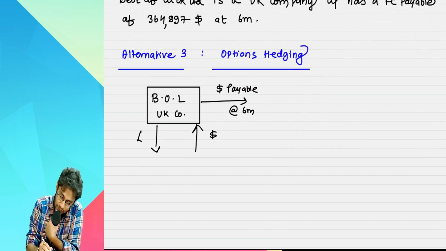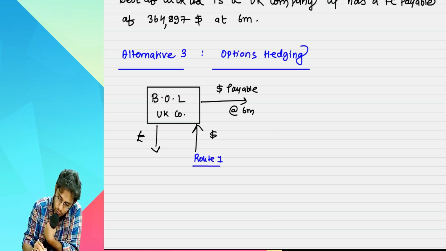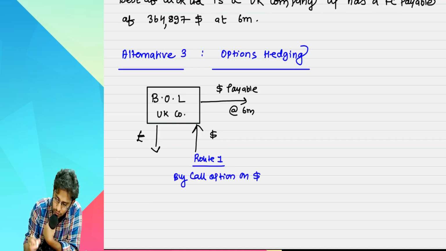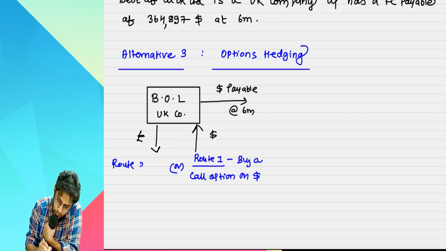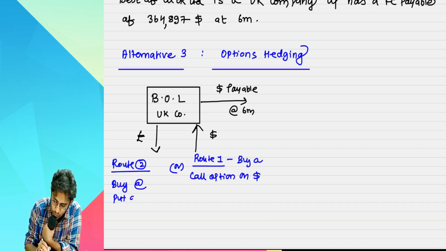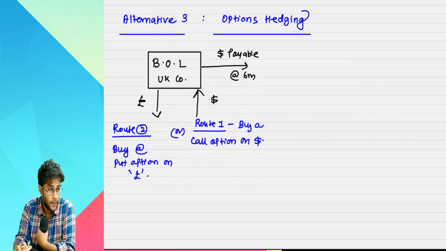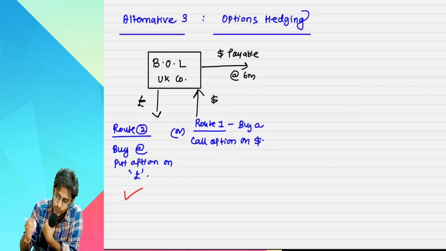Tell me, what are the 2 choices of hedging? Route 1, you will buy a call option on dollar, or Route 2. You got to select this one.